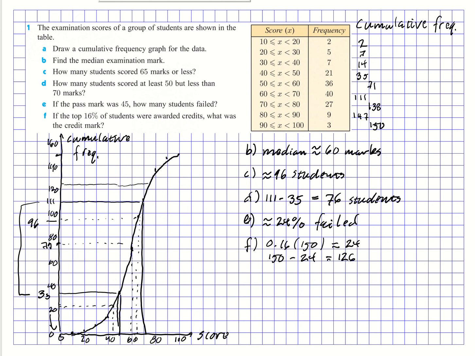So therefore we get about 75 marks for the passing score. Pretty simple. There you go.